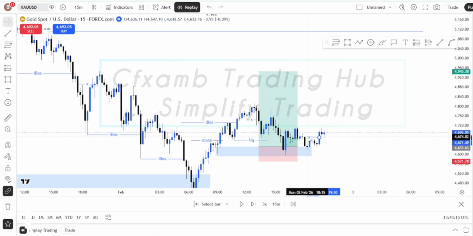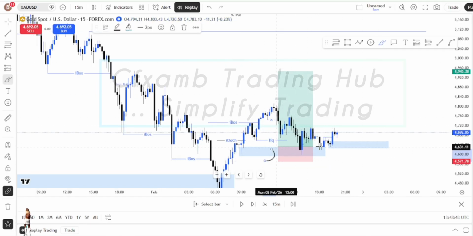This candle engulfs all the candles here, and gives us a clear SOB here. Your SOB doesn't need inducement to validate it, but your SOB candle should have imbalance, understand?